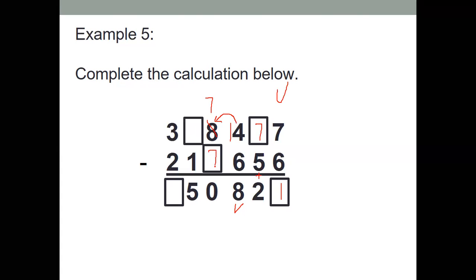Of course, it is 7. Now, the first number is missing, so this will be 6. And 3 minus 2 is 1. Don't forget, even though there is no missing number here, you still need to check maybe we are borrowing or not, so that we can find this missing number.